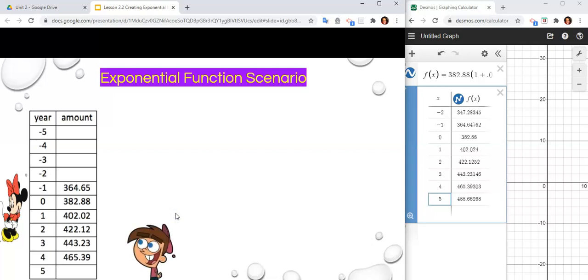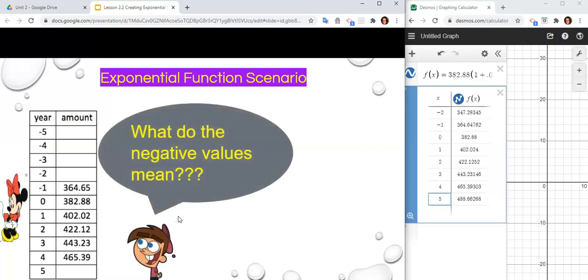And Timmy was also kind of curious as well, but Timmy was confused. What do you think the negative values mean? Timmy asks. Okay? And so, quite naturally, of course, here we have negative values. Well, we have negative values here on this table. What do you think those negative values mean?